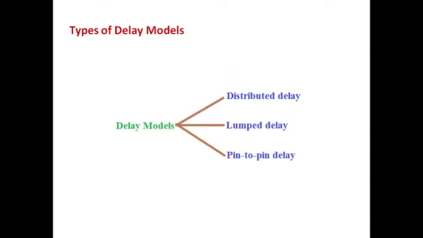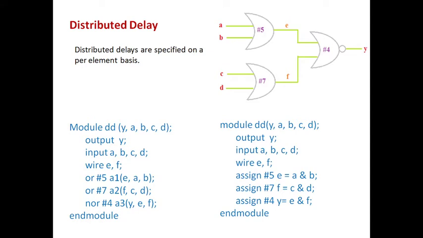Now we are going to study the delay models in detail. The delay models are classified into distributed delay, lumped delay, and pin-to-pin delay. In the distributed delay, I have taken a logical circuit schematic which consists of two OR gates in the first level and one NOR gate in the next.